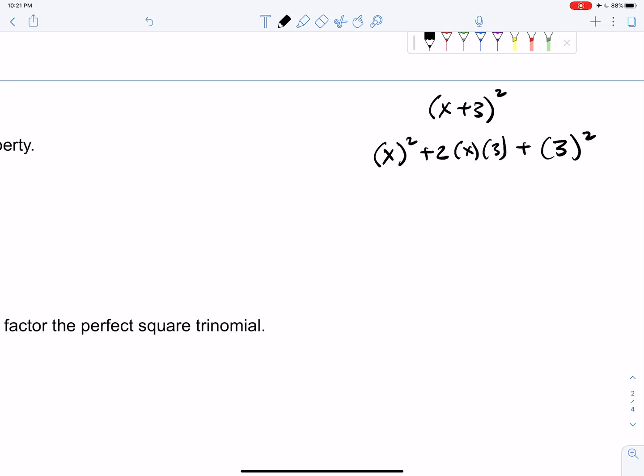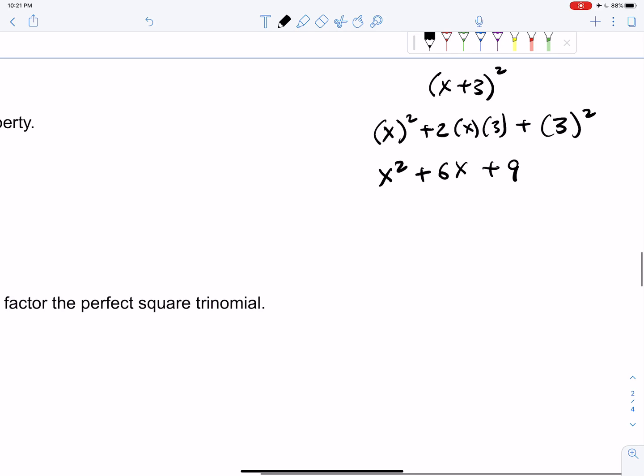So x plus 3 quantity squared foils out, if you like that word, to x squared plus 6x plus 9. Now, I usually put 3 of these up and ask the class if they can see a pattern. So I want you to think about that for a second, and let me do another one.